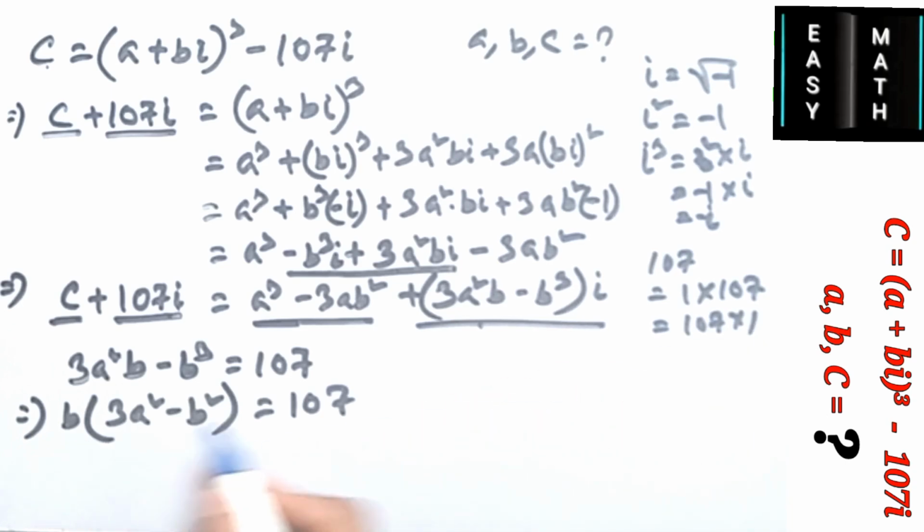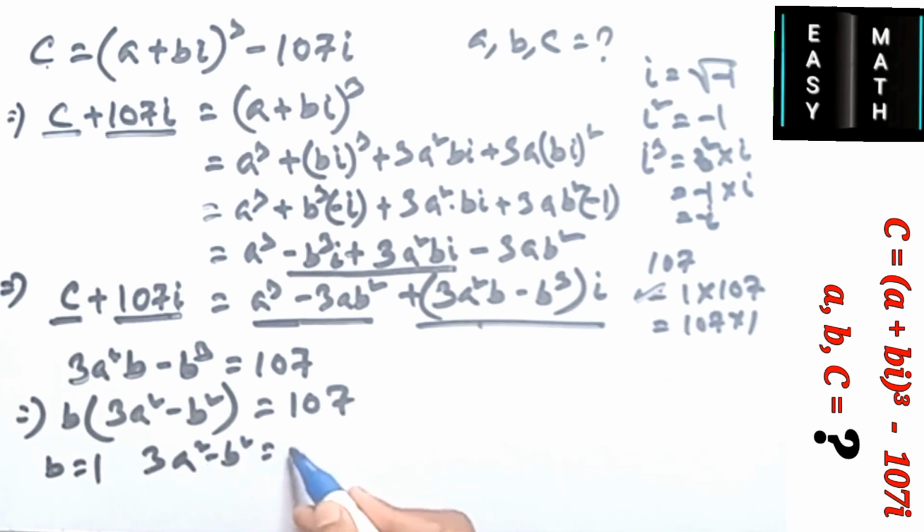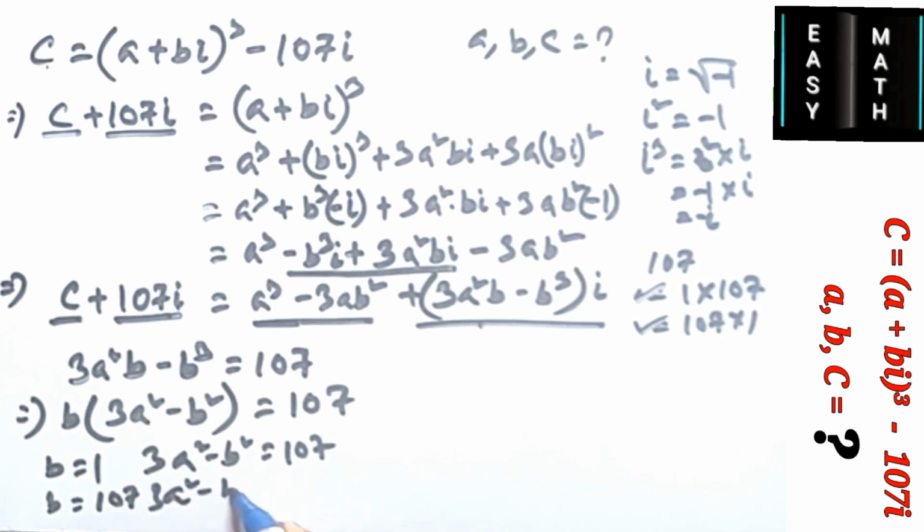So if first we take this, so we can write b is equal to 1, and 3a squared b is equal to 107, and this we take, so we can write b is equal to 107, and so 3a squared b is equal to, this is the 1, 2 times we can write.